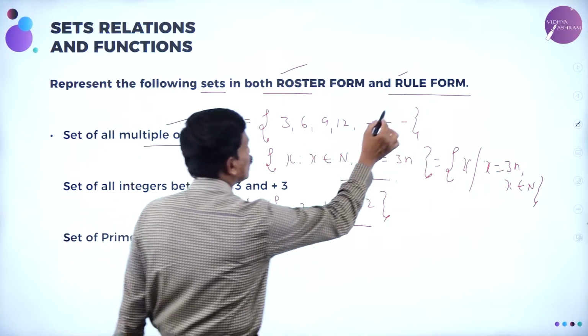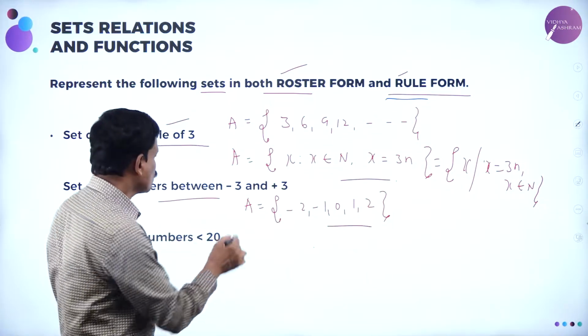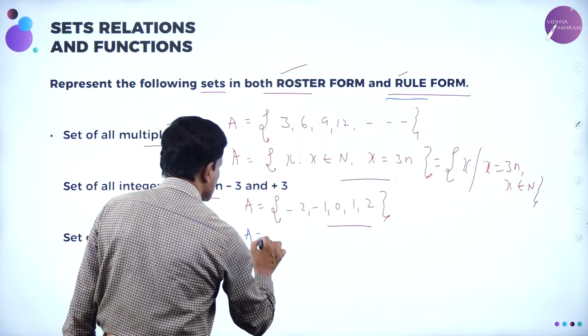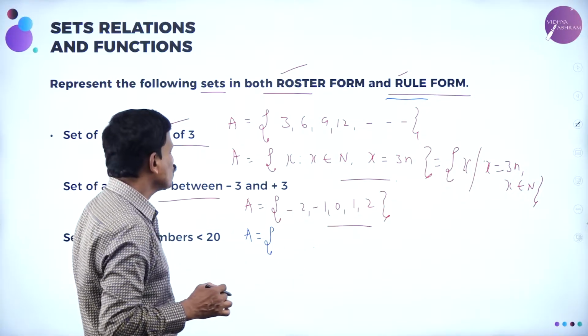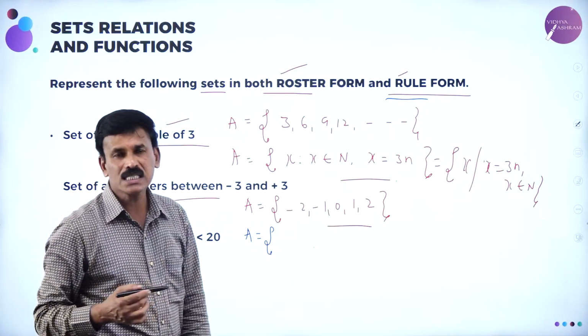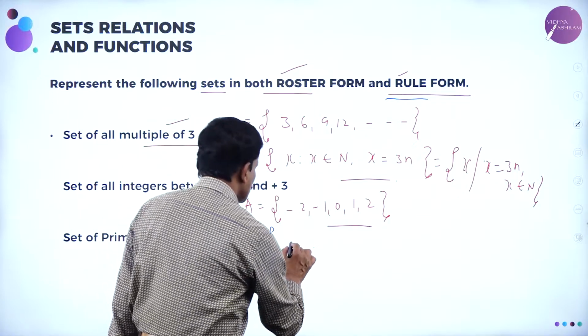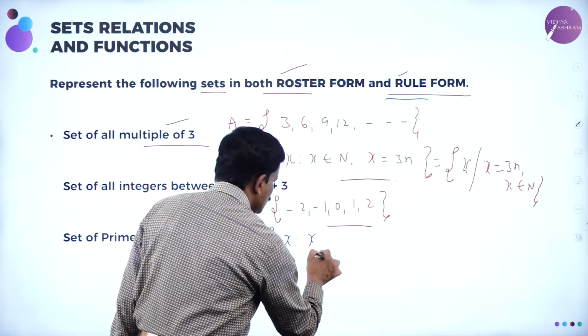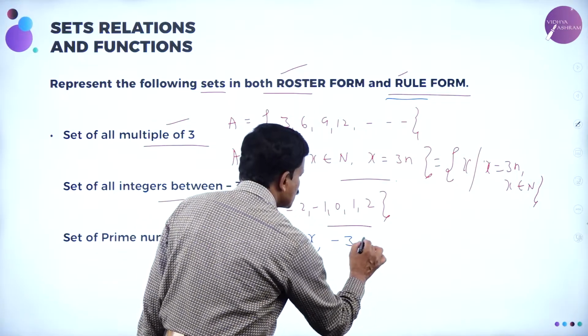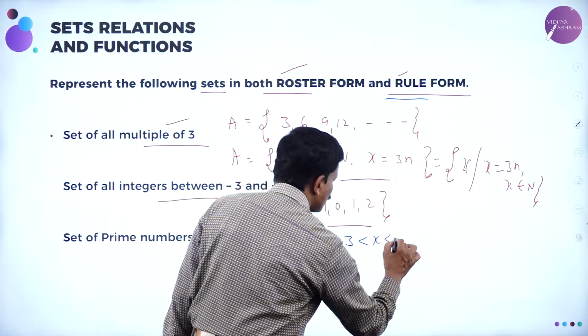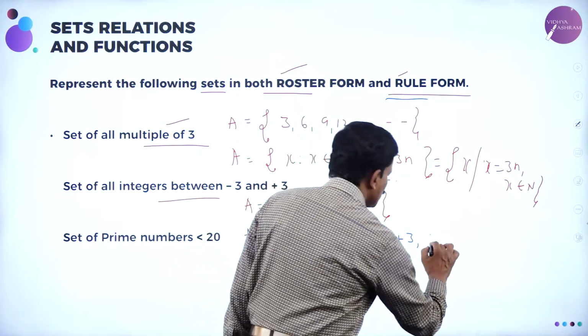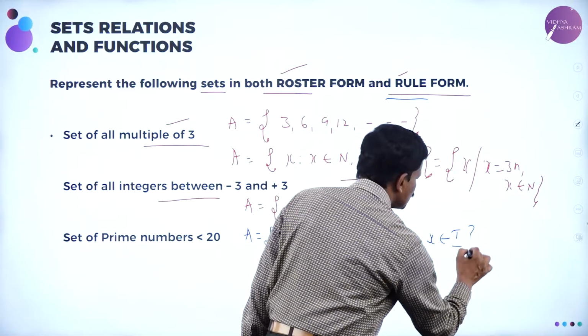So, the second form, rule form, that is set builder form. All the values which lie between -3 and +3 can be written as x such that -3 less than x less than +3, where x belongs to any integer.